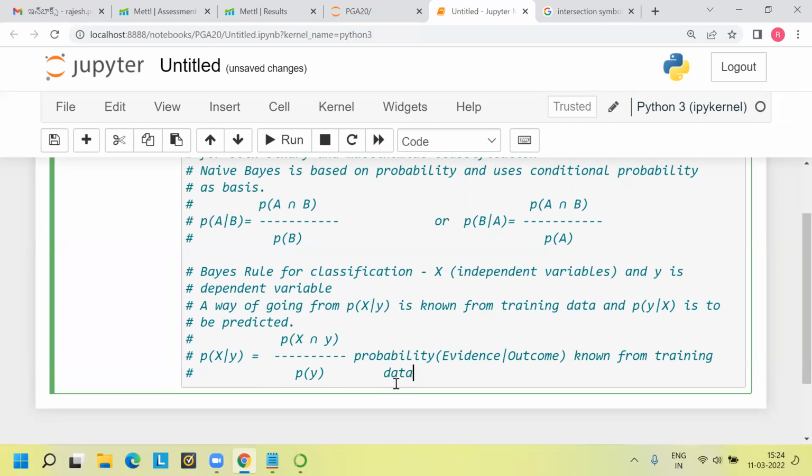Probability of x given y is nothing but probability of evidence given outcome, which is known from the training data.